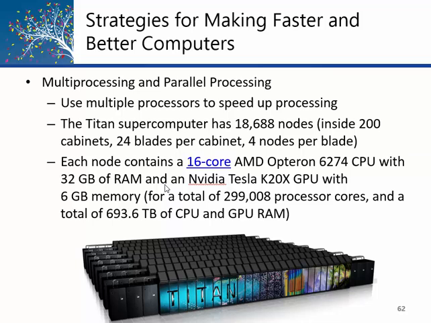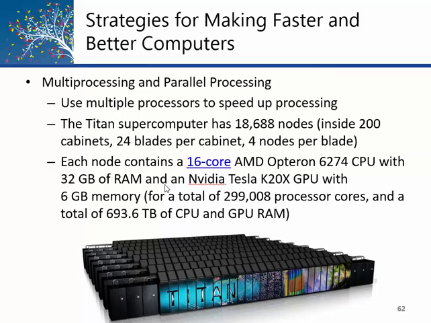And inside each cabinet, there are 24 blades per cabinet and 4 nodes per blade. Right? I don't have a good figure of a blade there, but it's the size of a pizza box, basically, that you can pull out of the cabinet and put into the cabinet, and 4 nodes per blade. And each node itself is a 16-core processor with 32 gigabytes of RAM and some GPU processing elements on it with its own memory.